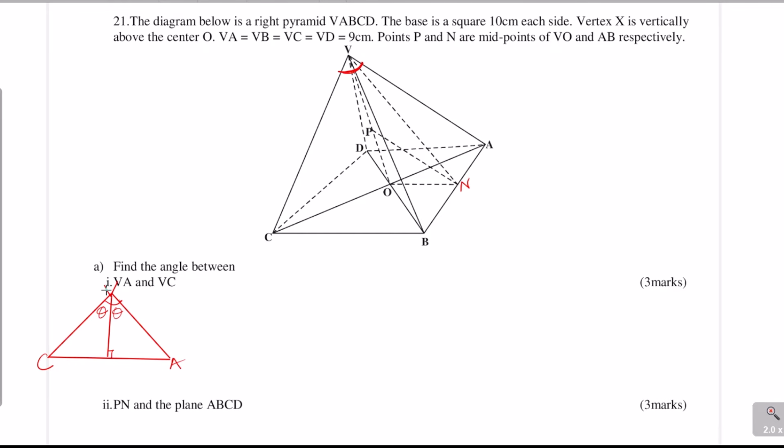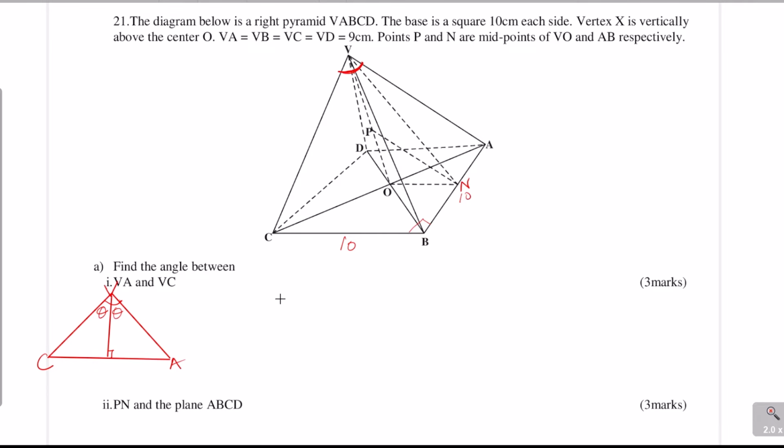When we drop a perpendicular from V to meet CA, we need to get CA, and it is possible because this is a square. This is 10 and this is 10, and this angle is 90 degrees.